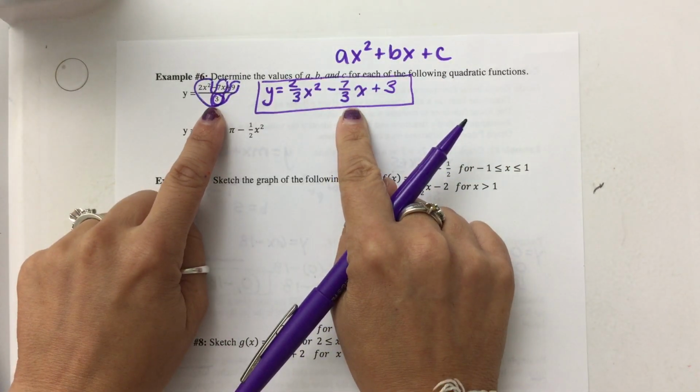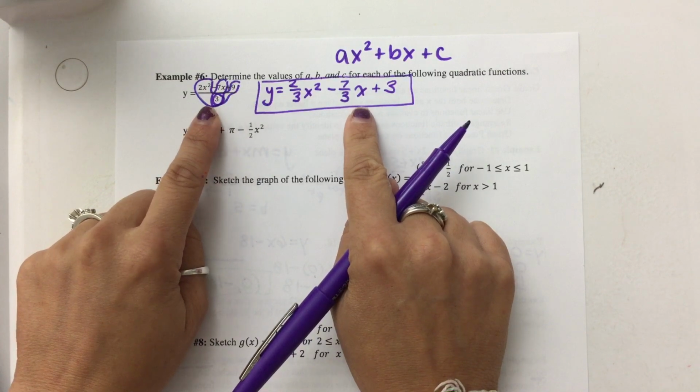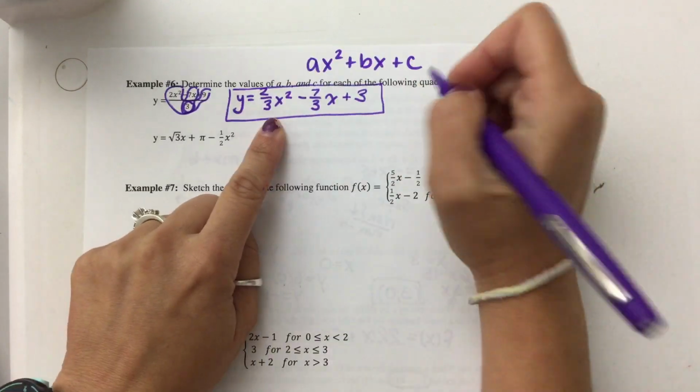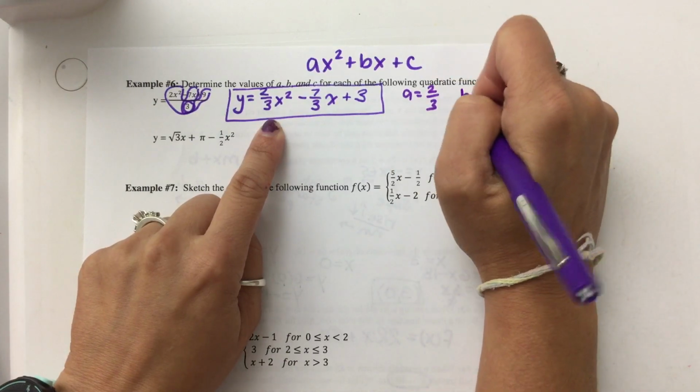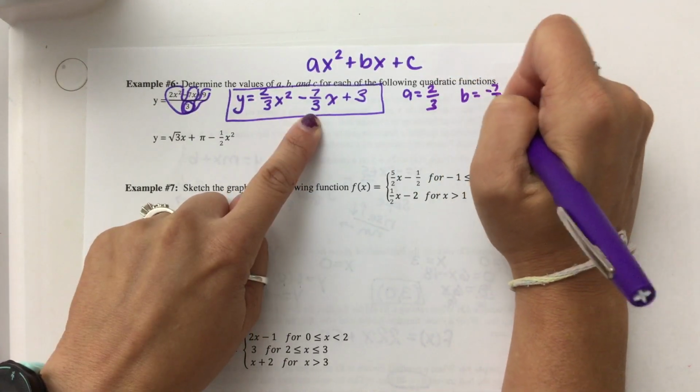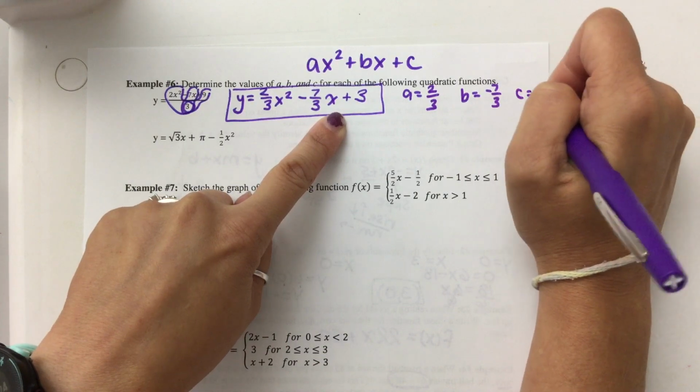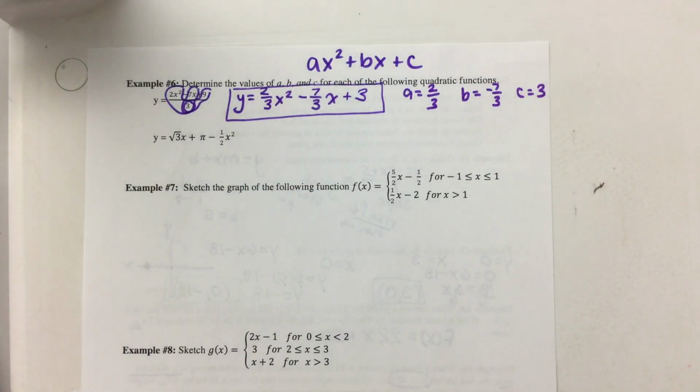These two things are equivalent. It's just another way of writing it. So now when I have it this way, it's easy. A is the number in front of your squared term, 2/3. B is the number in front of x, -7/3. C is the constant at the end, it's a 3.